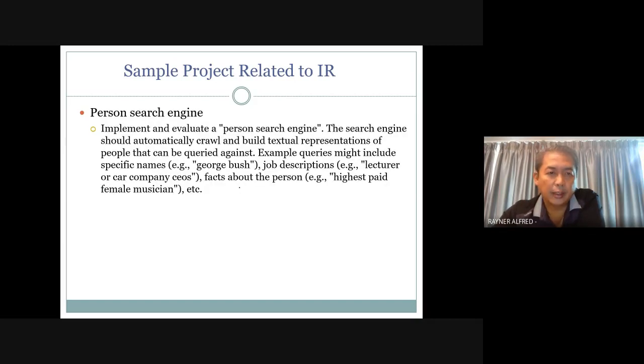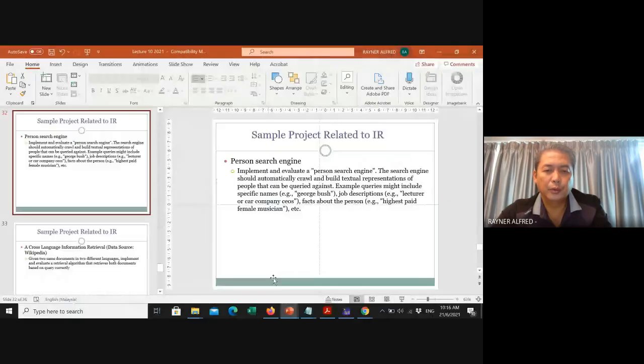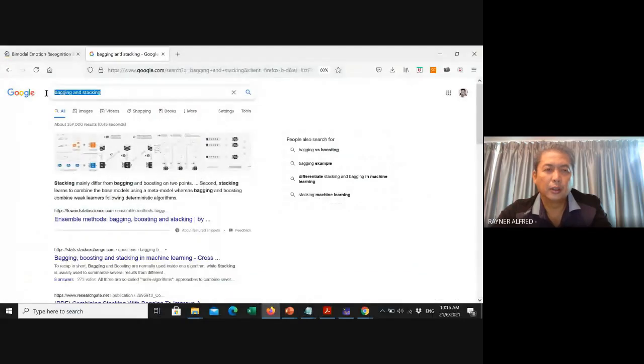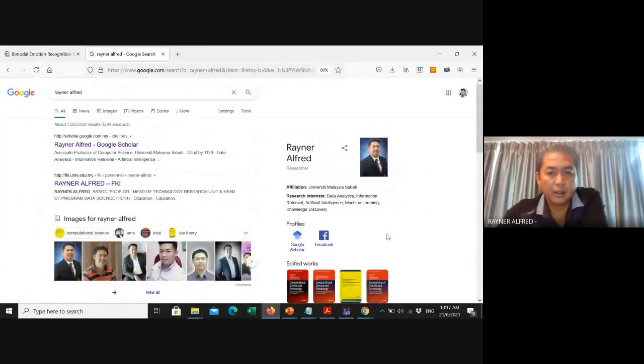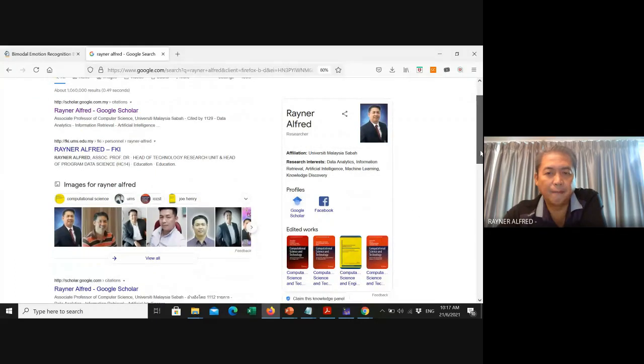And this one is the person search engine. For example, let me show you my name. There are many pictures of me. As you can see, Google has summarized my profile. They show my photo, my affiliation, UMS.